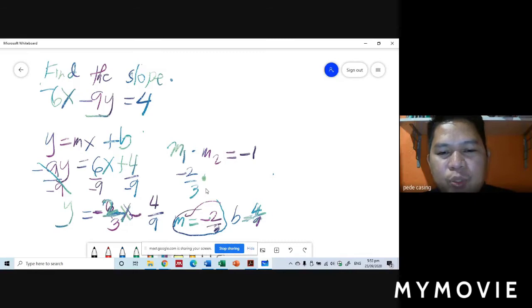The reciprocal of 2/3 is 3 over 2. Okay, the slope of the other line should be 3 over 2. Since the first slope is negative, the 3 over 2 is positive so that it becomes negative 1. Why negative 1? Because negative 2 times 3 is negative 6. Negative 6 over 3 times 2, positive 6. Negative 6 over 6 is equal to negative 1.